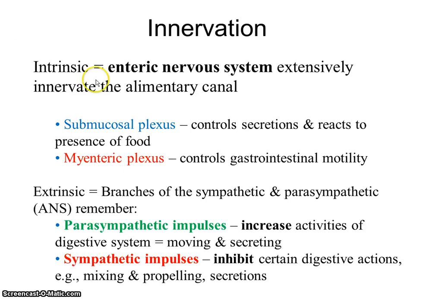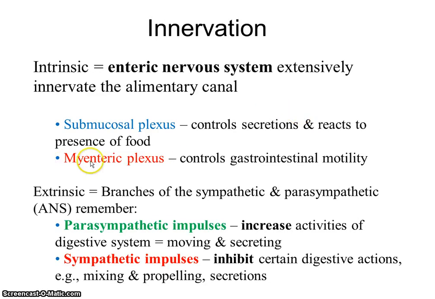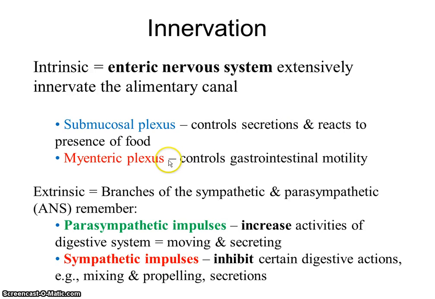So here again, plexus, that network of nerves, we have a submucosal. So moving in, if we go back, we see this submucosal plexus here, right? We call it the plexus of Meissner. You don't need to know that, right? And the myenteric, which is going to be part of the muscularis, right? This area is here, so myenteric plexus. All right? And this one controls the muscularis, the myenteric, whereas the submucosal is really responsible for when the cells secrete. All right?